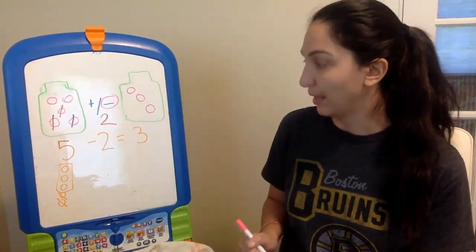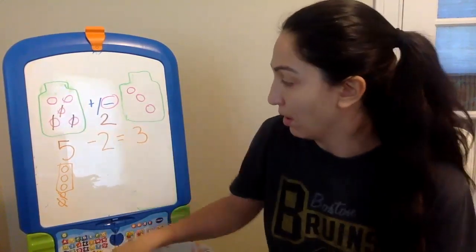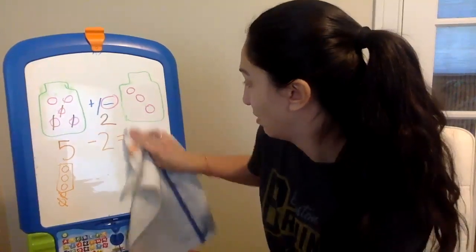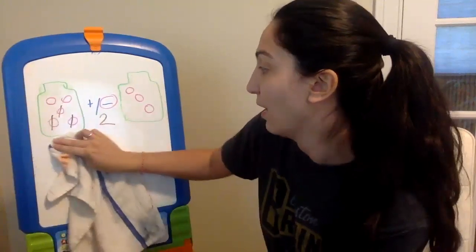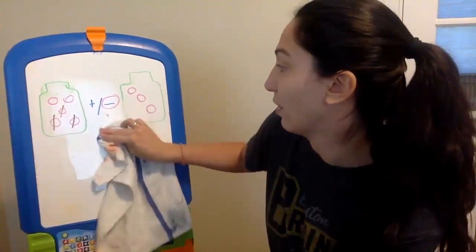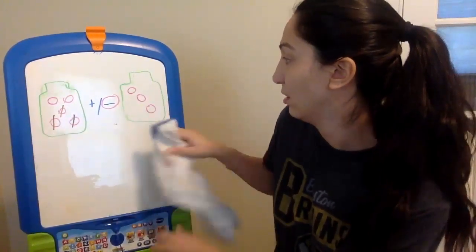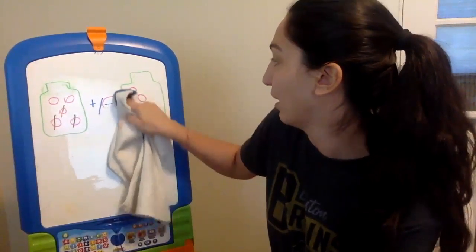Okay, let's do another one. I'm going to show you guys one more time, and then I'm going to put one up here for you to work on, and then we'll check it together.